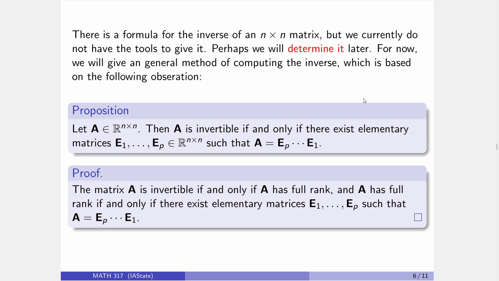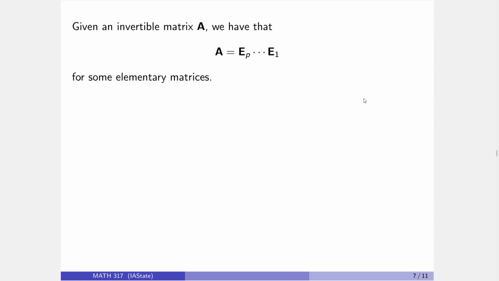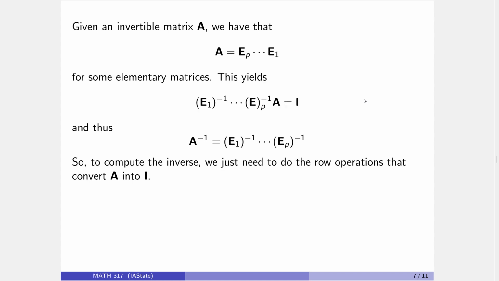Now, how can we use this to prove that we have an algorithm of computing the inverse? Well, given an invertible matrix, it's a product of elementary matrices. This means, and recall, invertible matrices must be invertible because there is a matrix that we can multiply to get to the identity.